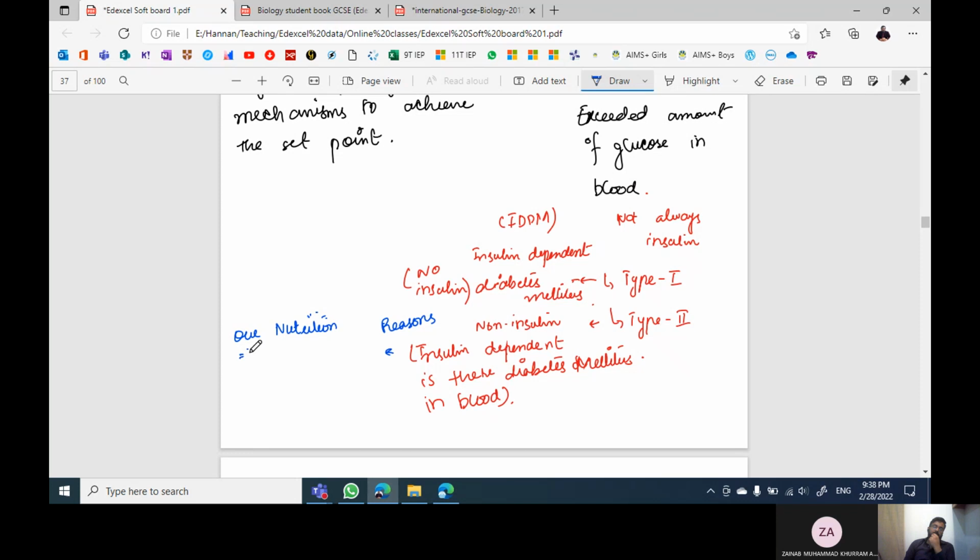If we are continuously having meals with a large amount of carbohydrates, it can lead to type 2, but only when you have a sedentary lifestyle. The most important thing is the lifestyle.